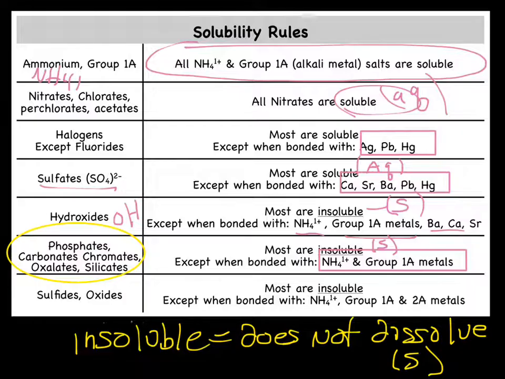And then we've got the sulfides and the oxides, the S and the O. Most are insoluble, meaning they'll form a solid, except when bonded with, again, ammonium, group 1A and most group 2A metals.